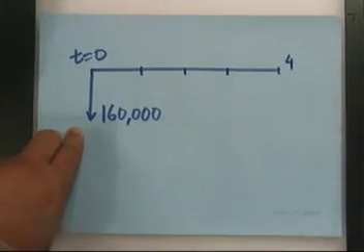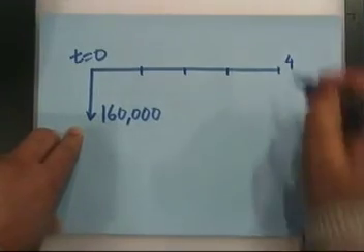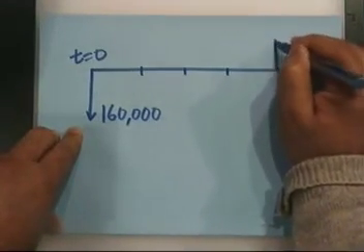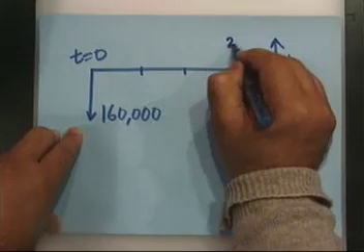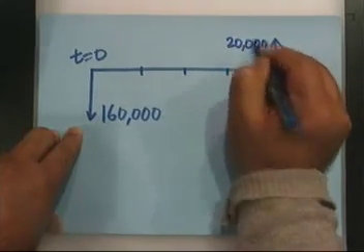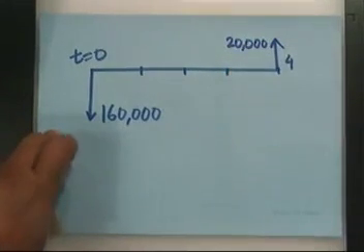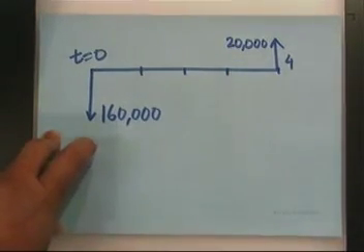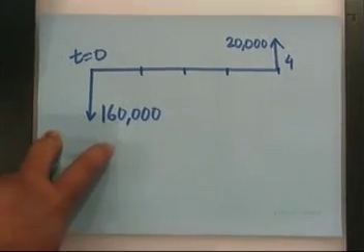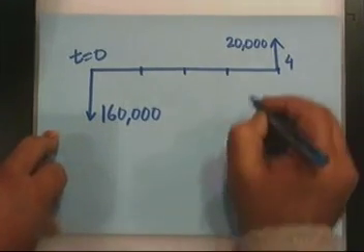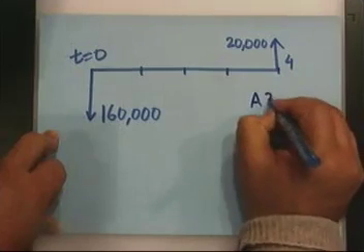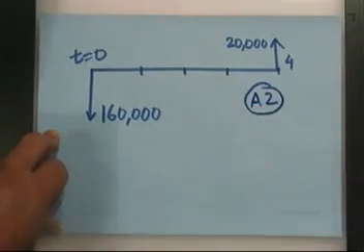It is giving you a salvage value of 20,000, so I will write it on the positive side. It is 20,000 here. This problem we have already solved using present worth method computations. This I am trying to show you using annual cost method also. This is as far as asset 2, A2, is concerned.